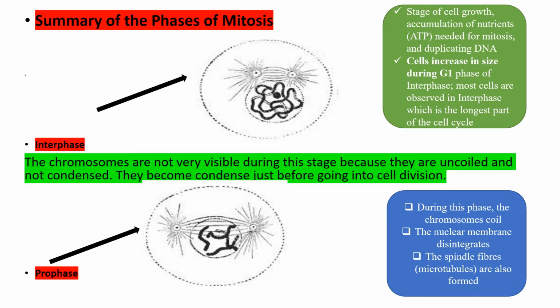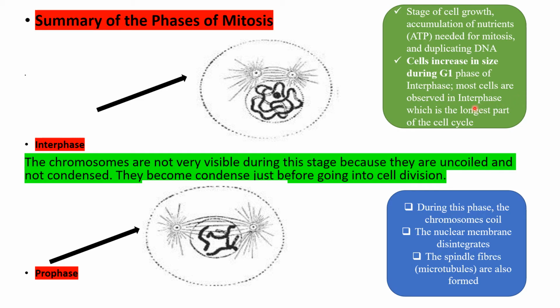So let's look at the summary of the phases of mitosis. The first stage of mitosis is what is referred to as the interphase. During this stage of cell growth, there's accumulation of nutrients in the form of ATP needed for mitosis, and there's duplication of the DNA. During this phase, the cell increases in size during G1, that is growth phase 1 of interphase.